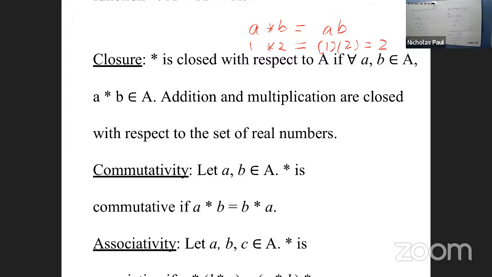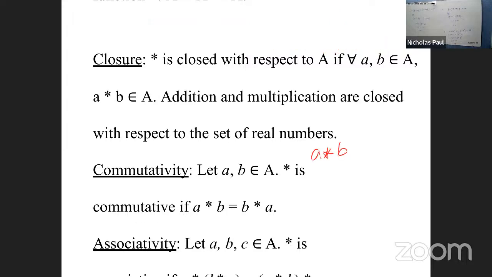Right, so take a look at that. So star is a binary operation, right? And it's said to be closed with respect to A if A and B belong to A and A star B also belongs to A. So here's what they say. Look at the example I have on top there. Let's say A belongs to Z. What's Z again? These integers, right?